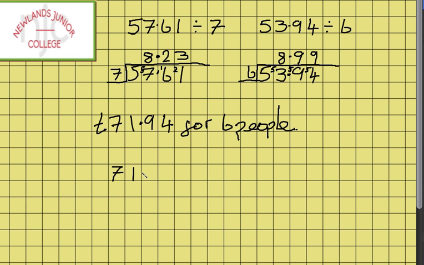So we start off by setting out our £71.94. When you're dividing it like this, you don't need to worry about the pound sign. Just make sure you include it when you get to your final answer.